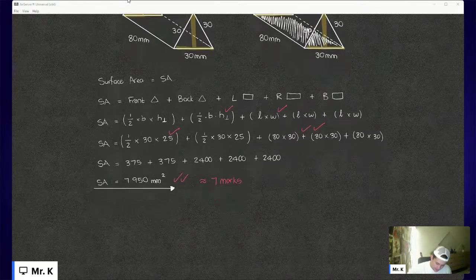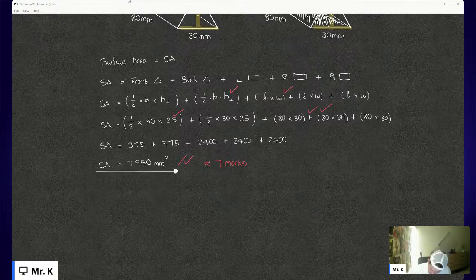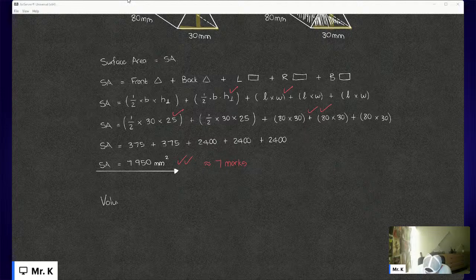And finally, guys, we need to talk about the volume. We always start by stating that volume has a symbol V, and we are talking about the volume of a triangular prism.